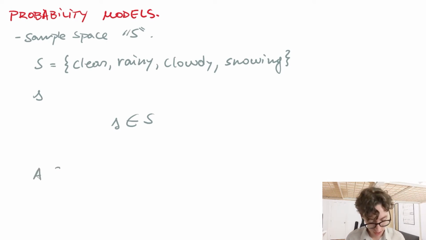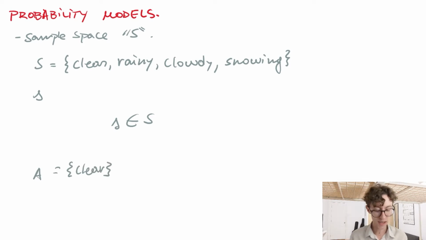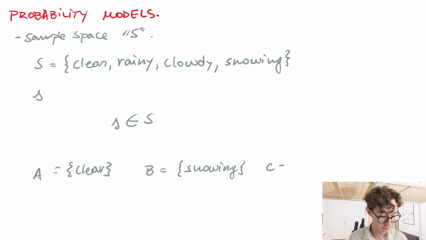The event A could be clear. This is an event inside of our sample space S. I could have an event B, which is snowing. I could also have, for example, the event C, which is clear or snowing.